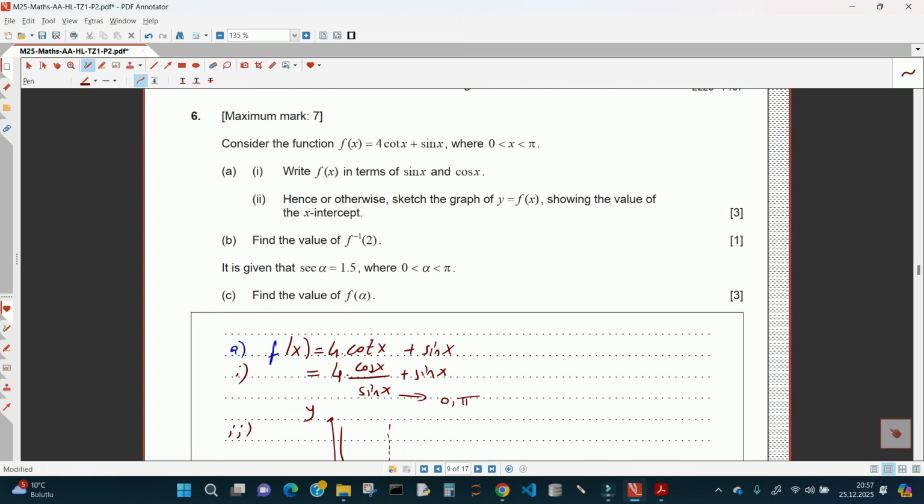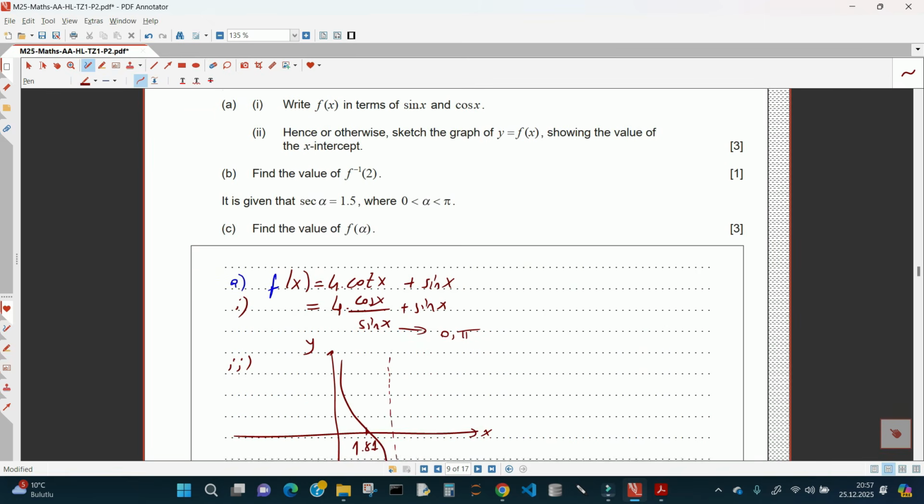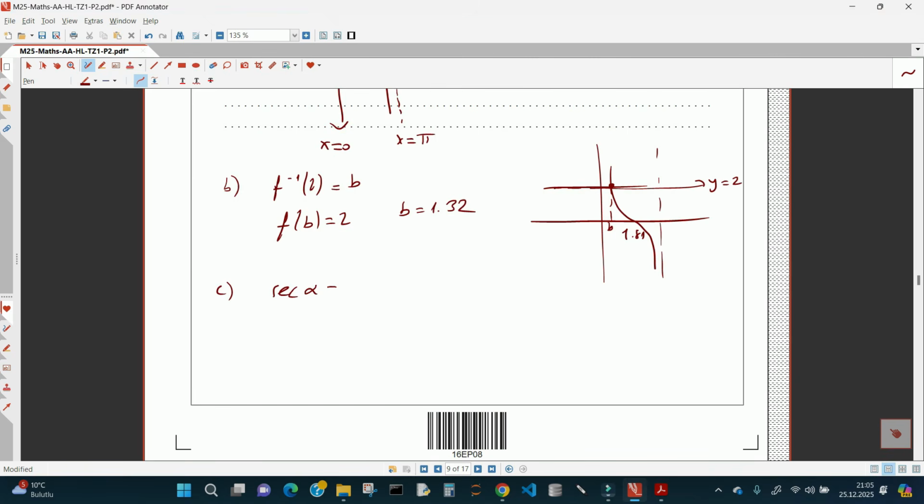But the next question is, given that secant alpha equals 1.5, where alpha is between 0 and pi, find the value of f of alpha. So if secant alpha equals 1.5, which means 1 over cosine alpha equals 3 over 2, from here you can write cosine alpha equals 2 over 3, right?